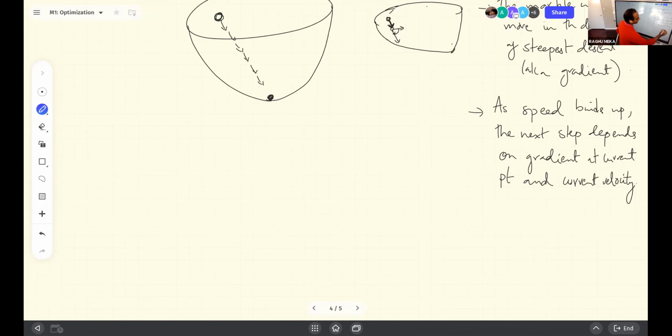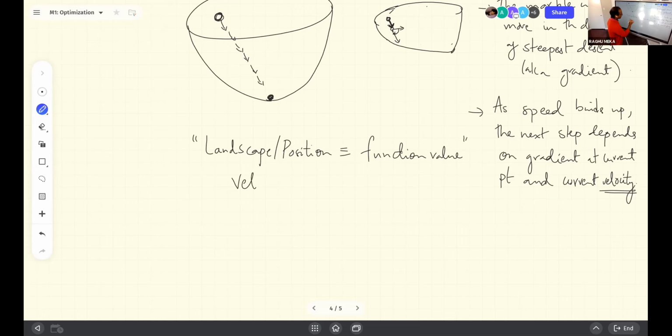So the way to interpret velocity is the change in your current position, right? So we're thinking of the position as the value of the function, and our goal is to get to the bottom of the ball, which is a global minimum. So this is the landscape, and position is function value, right?